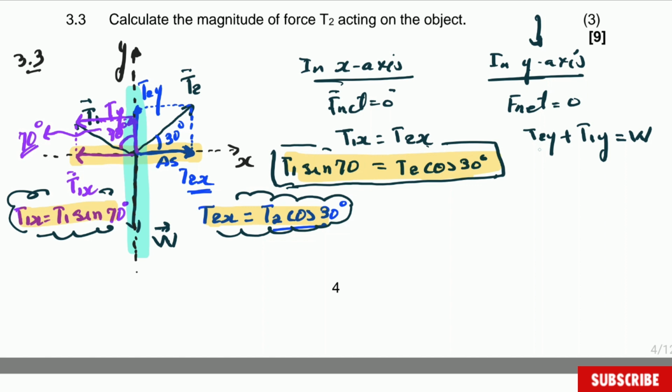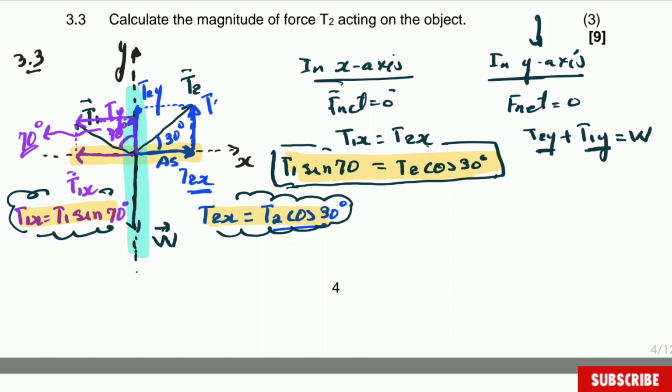And now from here, we need to substitute T2 in y and T1 in y, guys. I'm doing it very slowly because it could be confusing. T2 in y is on this side, the opposite angle, this one I'm drawing here.